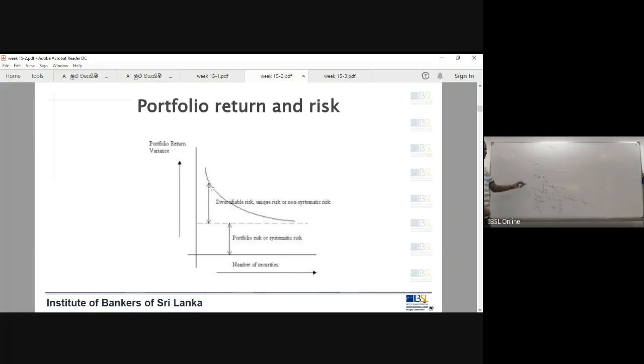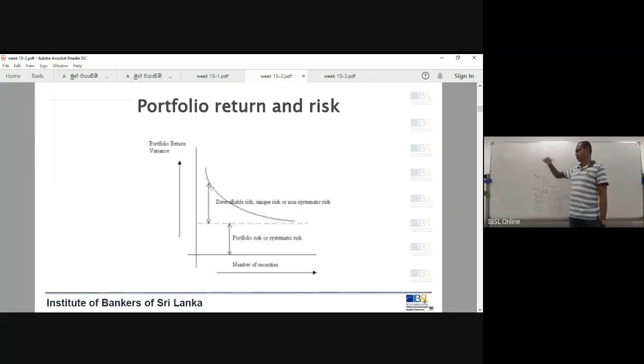So this is how you segregate systematic and unsystematic risk. There is a certain element which cannot be reduced through diversification. And as you keep adding securities to the portfolio, diversification benefits increase, meaning your risk will reduce significantly, right? But not beyond a certain level. That level is called systematic risk.